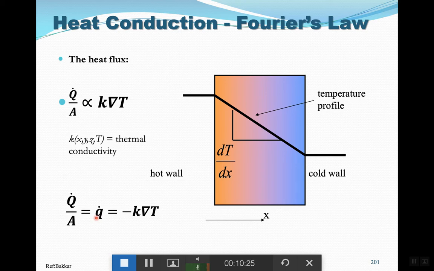So they take any material they want to measure K for, and for different temperature gradients they measure the amount of heat transfer, which creates a line. The slope of that line is your K. So that's how they determine K for different materials.